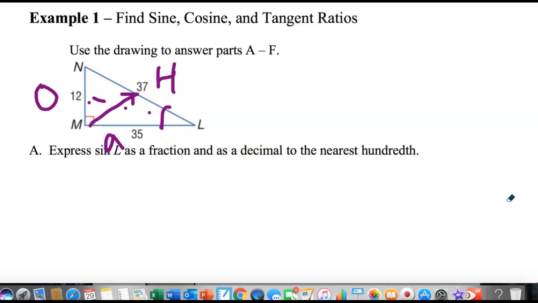So if I'm going to make a fraction, I know it does say to leave it as the nearest hundredth, but let's just leave it as a fraction or a ratio, not simplified. So sine again is opposite over hypotenuse.